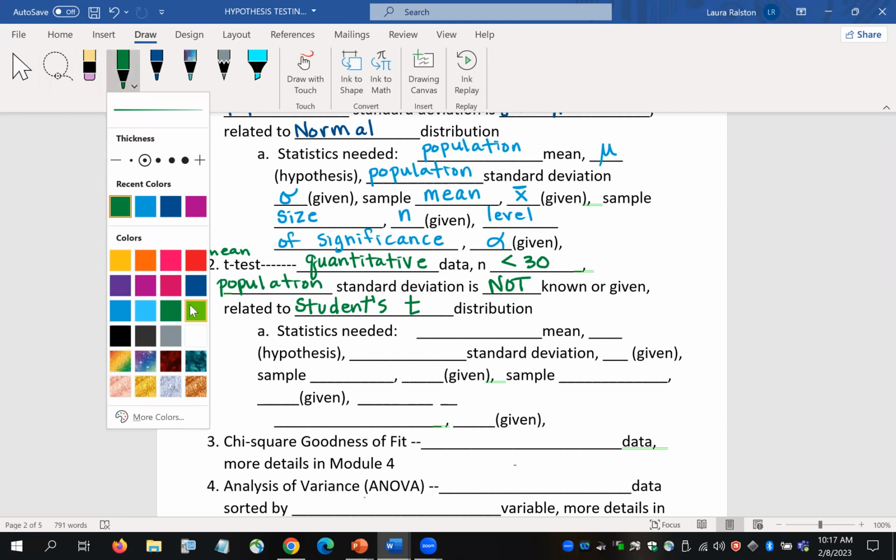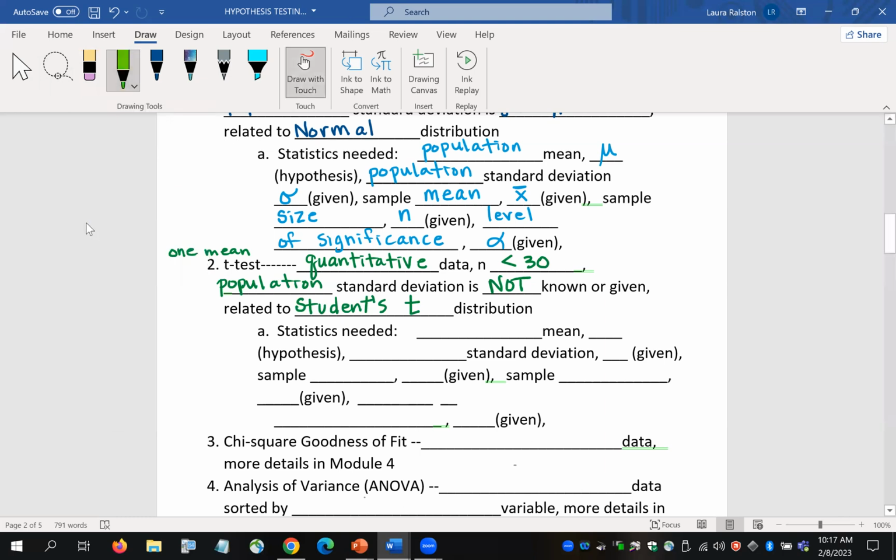The statistics that you need, again, you still have to have your population mean, which is the Greek letter mu. And again, that is the value that's in the hypothesis. The sample standard deviation is usually given or known, but you do not know the population standard deviation.